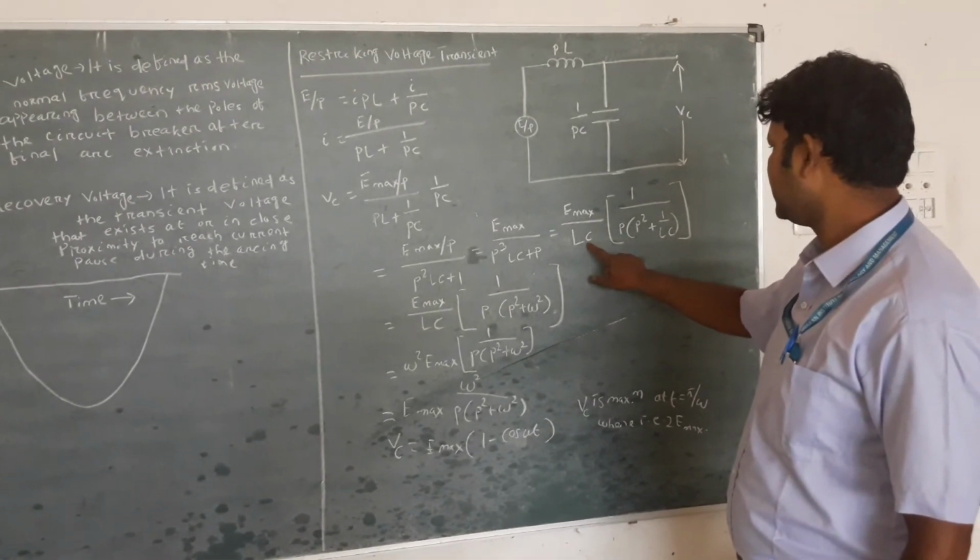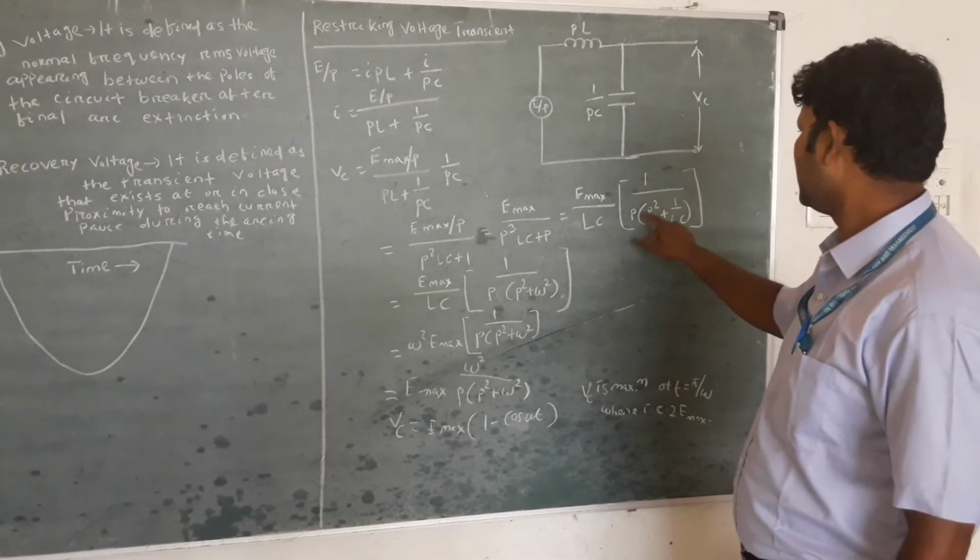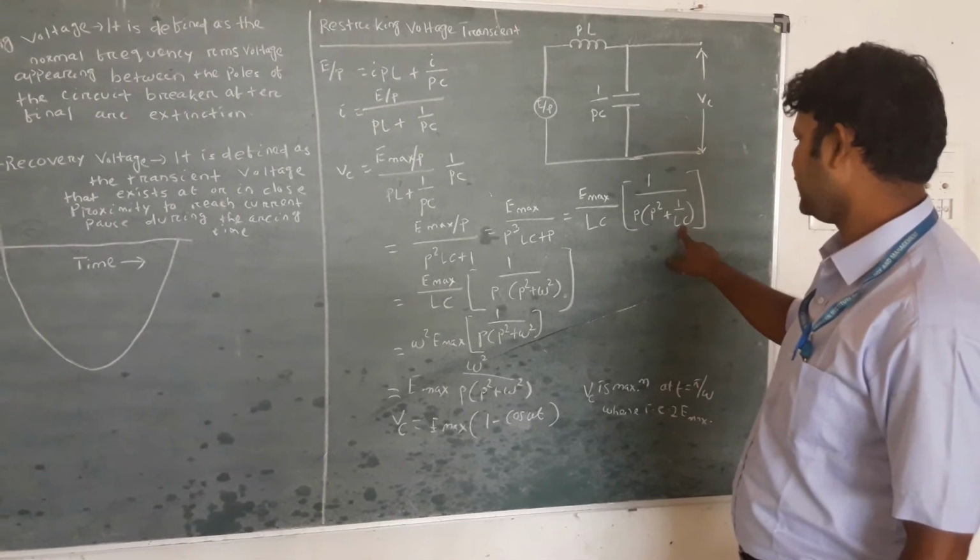This is equal to Emax by LC. If you take LC common, it becomes 1 by P into (P square plus 1 by LC).